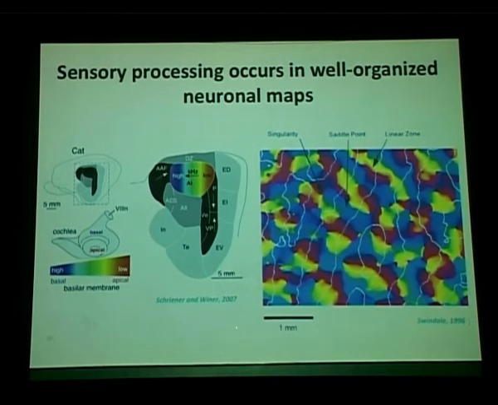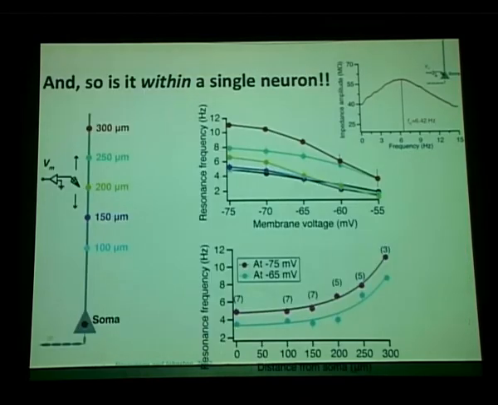So this is what we call a map in neuronal jargon, and we all know that sensory processing occurs in well-organized neuronal maps. What we perhaps do not know is that that is the case even within a single neuron. So this is an example of a neuronal map that exists within a neuron.